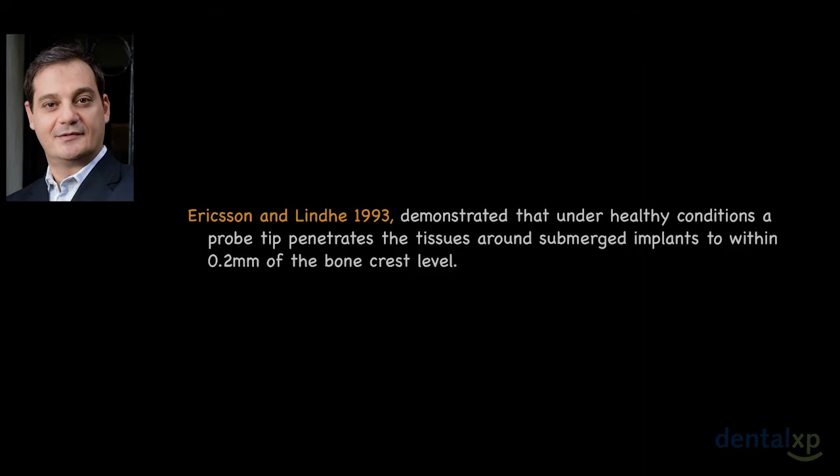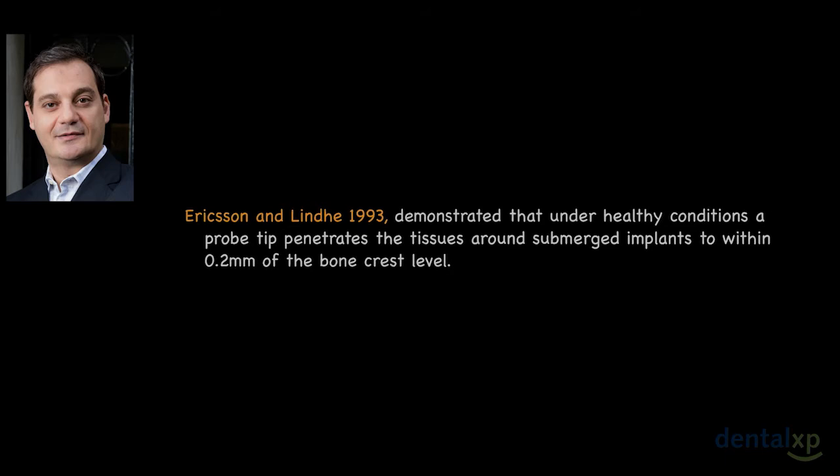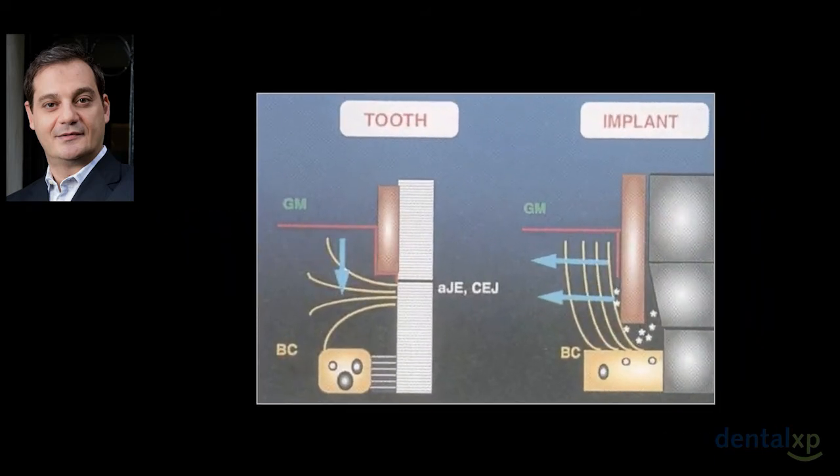If we look at Ericsson and Lindhe in 1993, they showed without any doubt that when you take a probe and put it around a tooth, exactly as I mentioned before, you can see fibers that will hold the probe away from the bone.